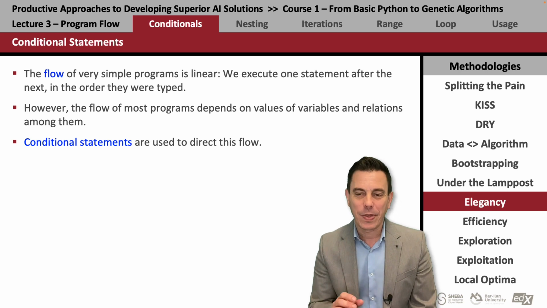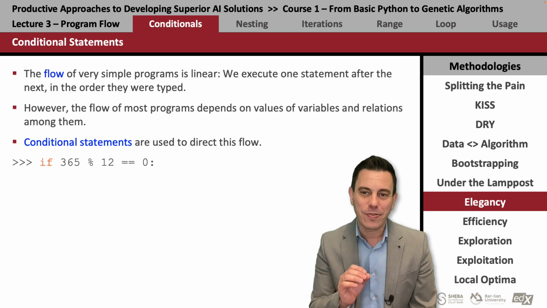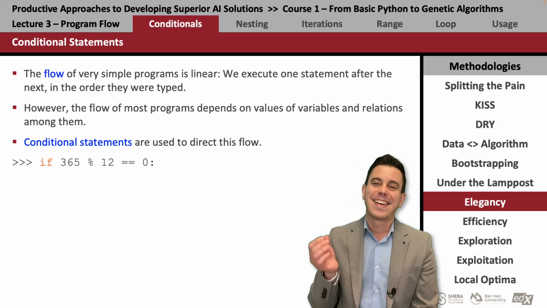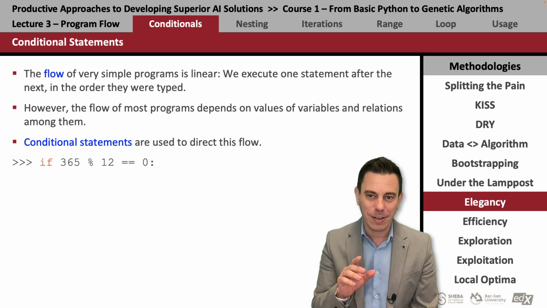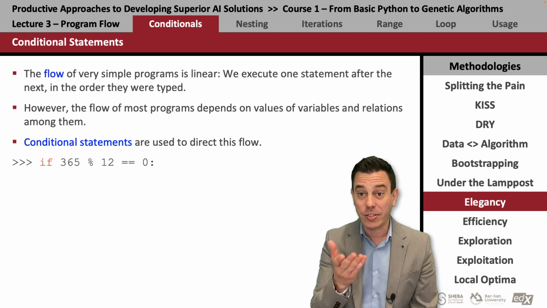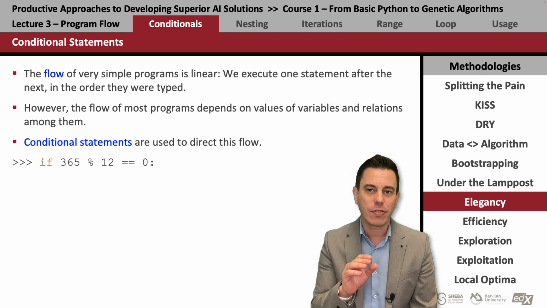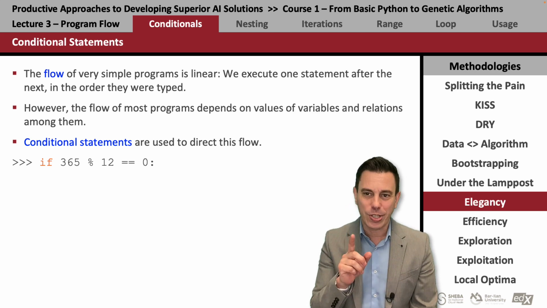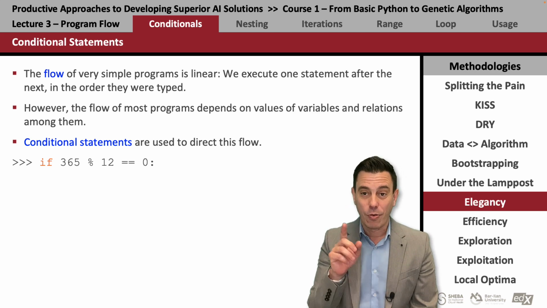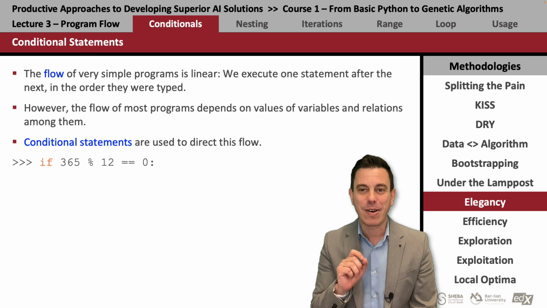Here is an example. We will use the command if to check whether 365 is fully divisible by 12. I mean, there's no remainder. For that, we will use the if command and also the modulo operator with the percentage mark.